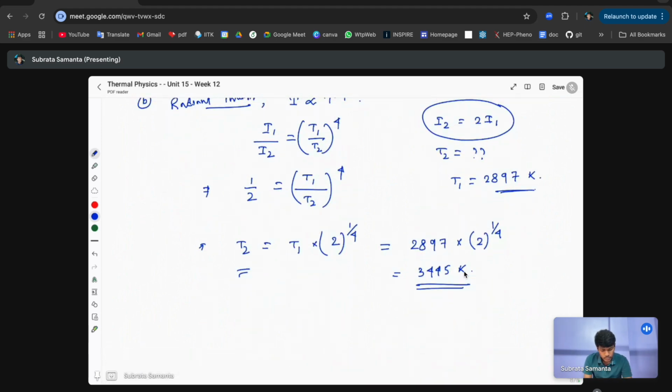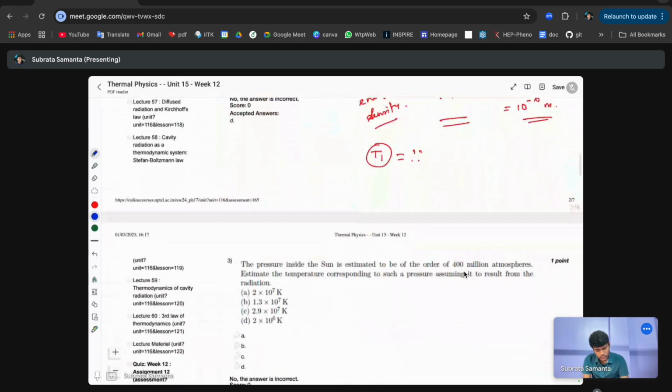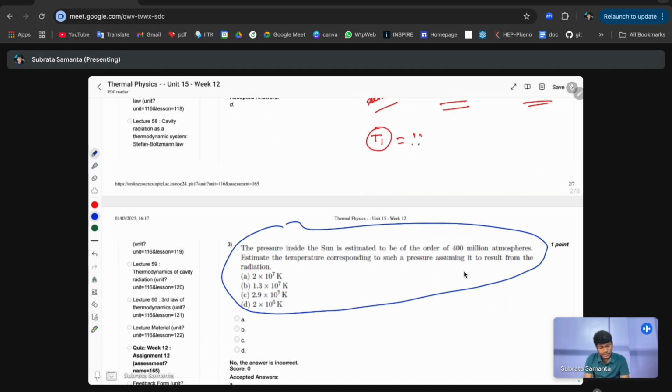Okay, so then I will move to the third question. Any question? So in this problem, the pressure inside the sun is estimated to be of the order of 400 million atmospheres.